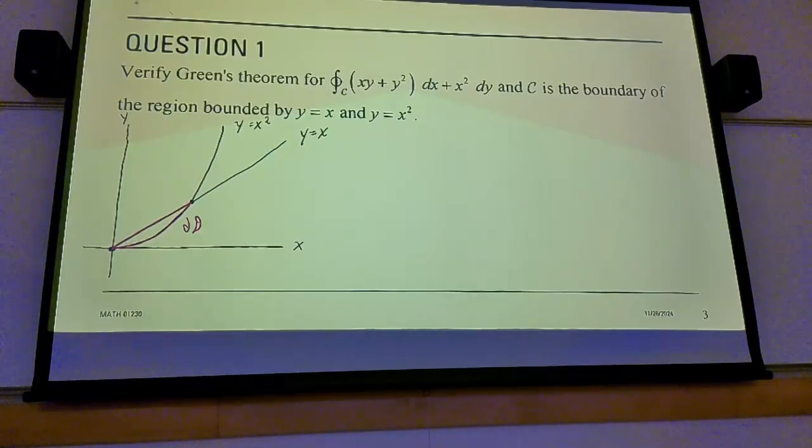What's the orientation? Counterclockwise. So starting on that bottom curve, which direction are we going? That direction. Rightwards or leftwards? Rightwards.